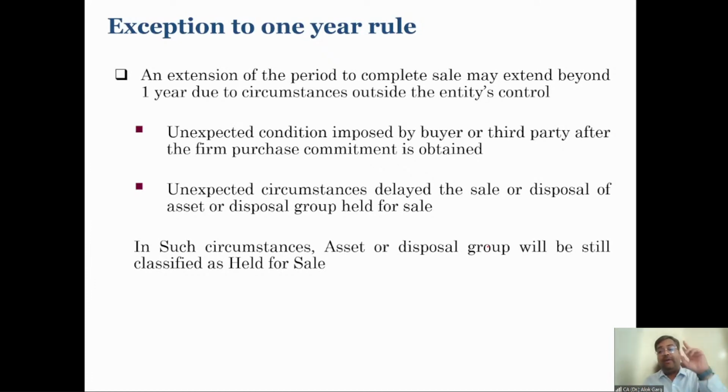So the standard has given you 2 exceptions. What are those exceptions? An extension of the period to complete the sale may extend beyond 1 year due to circumstances outside the entity's control, which is due to a situation outside the entity's control.